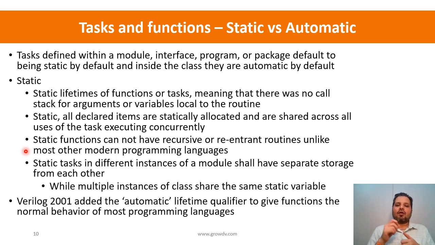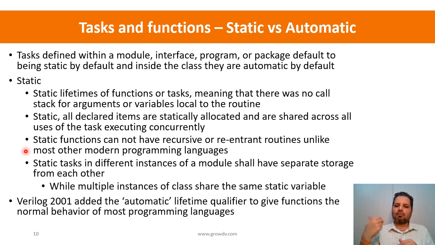From Verilog 2001 onwards, there is this concept of an automatic lifetime qualifier that has been provided for functions and tasks. The main intent is that in any procedural programming language, by default functions are automatic. That is, all their arguments or local variables within the functions get allocated on the stack, and hence they support recursion.